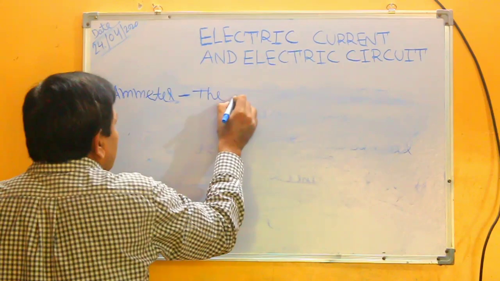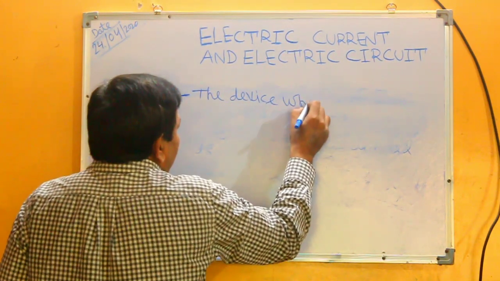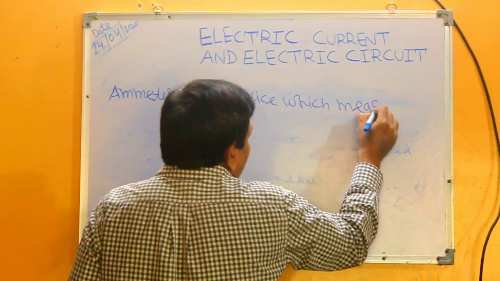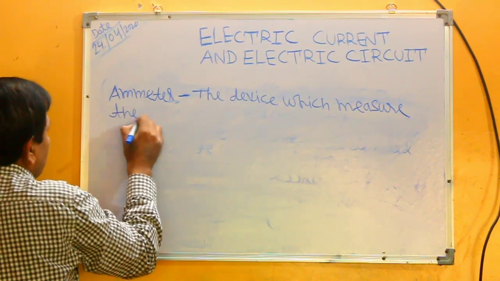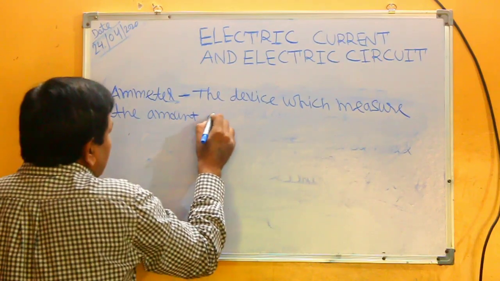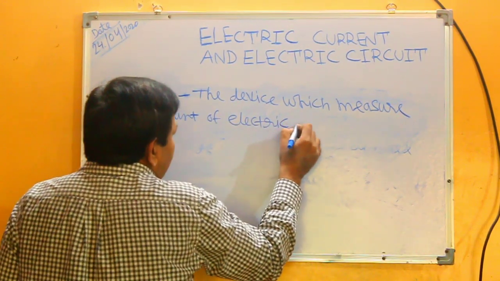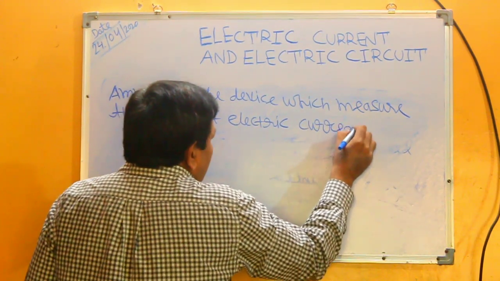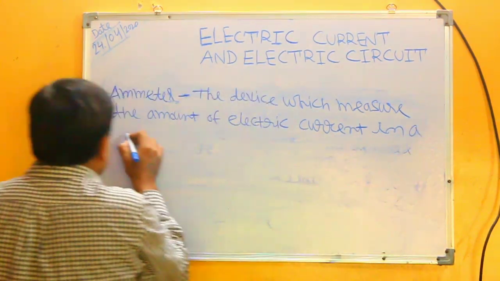The device which measures the amount of electric current in a circuit.